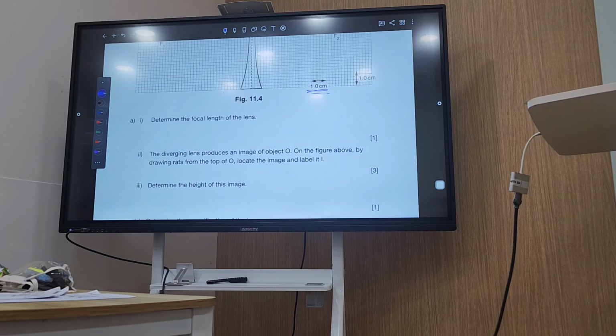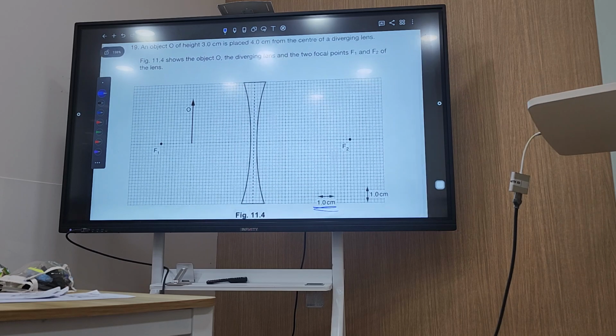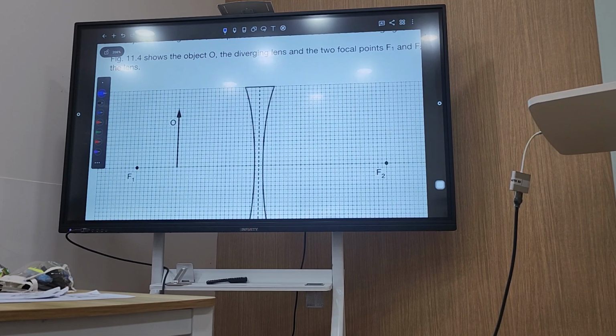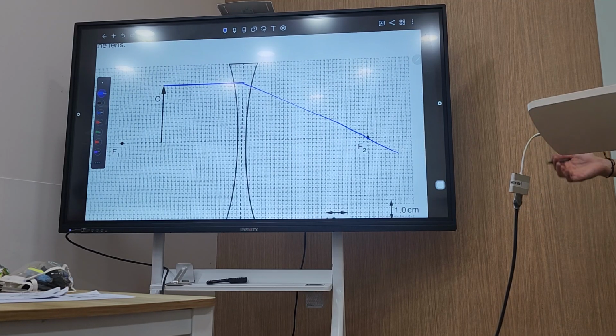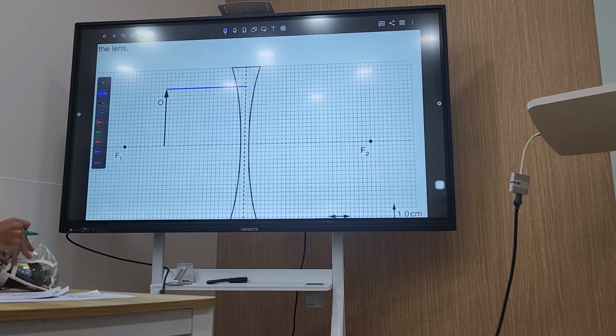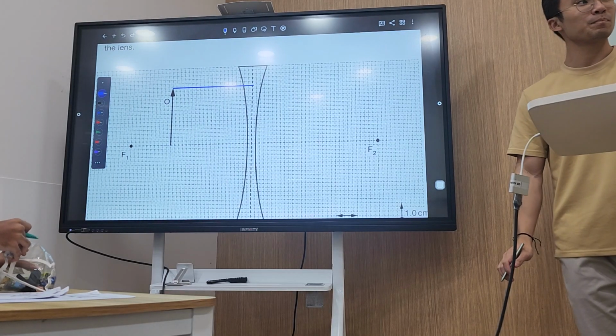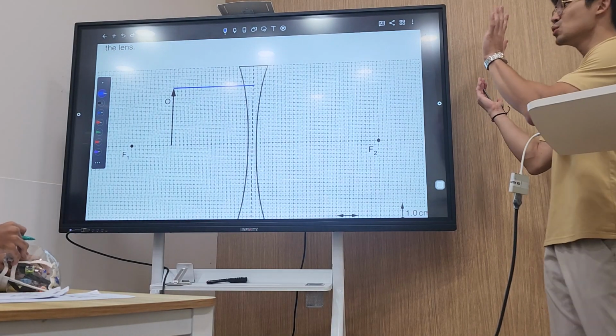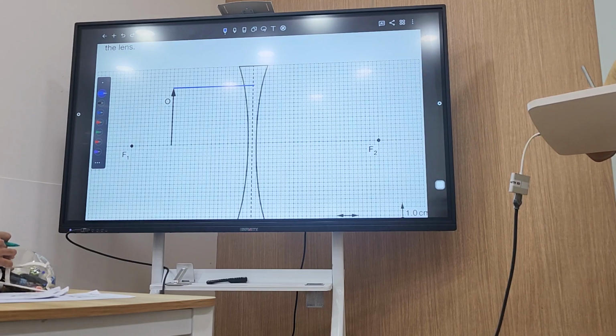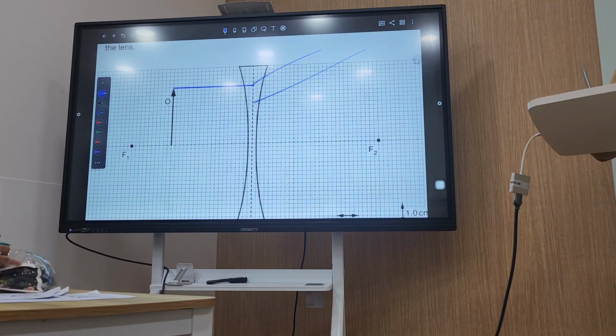But how do we draw a divergent lens? This one is interesting. I will draw a straight line here. Now, for a convergent lens, normally at this point you are going to cut through your focal point. That's your normal scenario. However, for this case, we are still going to cut through the focal point, but on the other side, because divergent means after your ray passes through, you go like that.